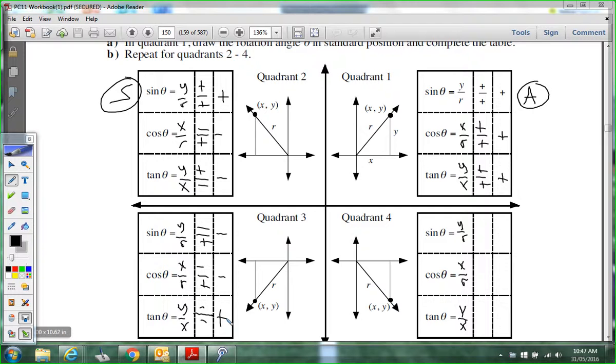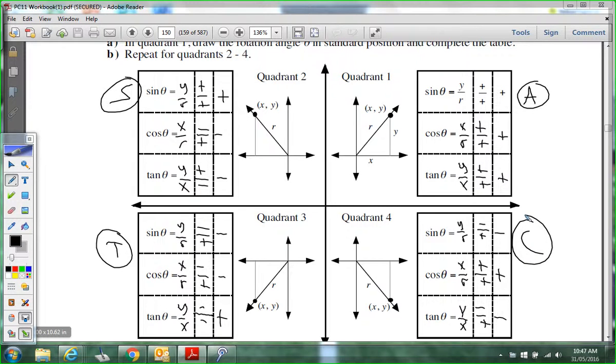So tangent was positive here. And lastly, quadrant 4, y is negative over positive r, which is negative. Cosine is positive over positive, and y over x is negative over positive. So this one, cosine, is positive.